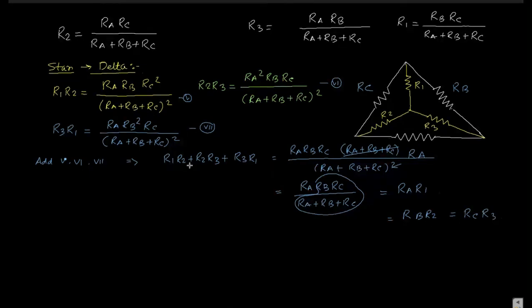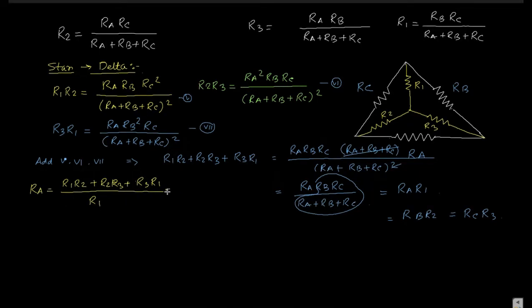So R1 R2 plus R2 R3 plus R3 R1 is equal to RA R1 or RB R2 or RC R3. So here you can find RA is nothing but (R1 R2 plus R2 R3 plus R3 R1) whole divided by R1.